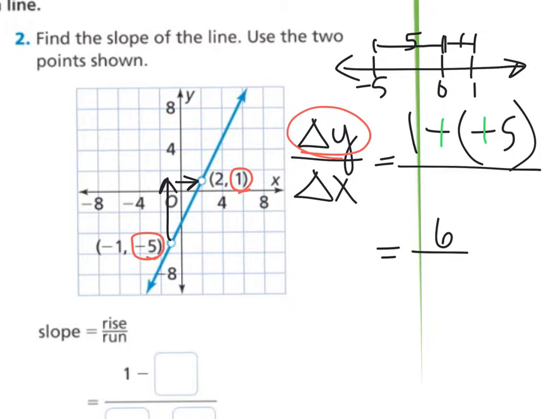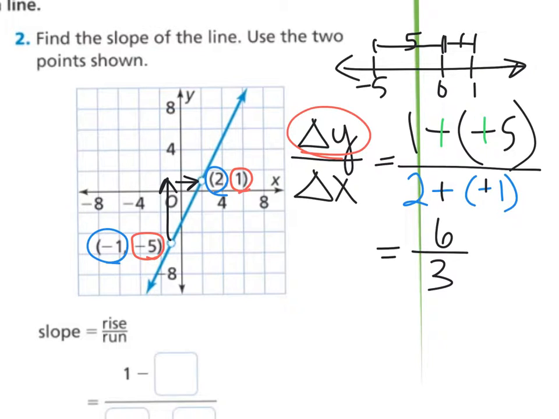Same idea for the change in x. X values, we're going from -1 to 2. So to do that, we could do 2 minus -1. Again, you can add the opposite there, and that will be 3.